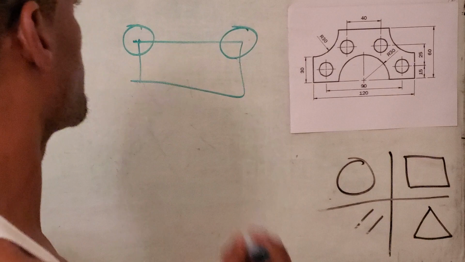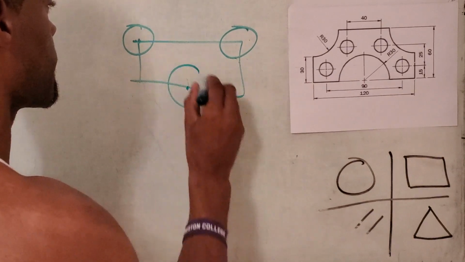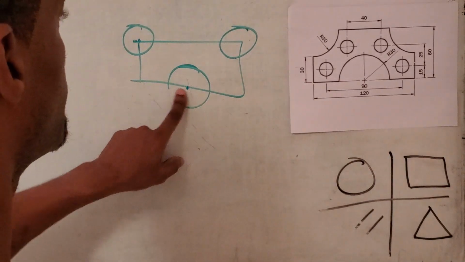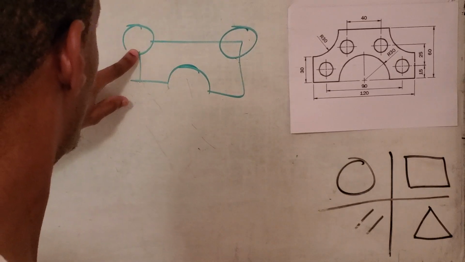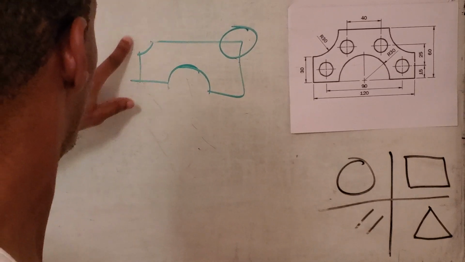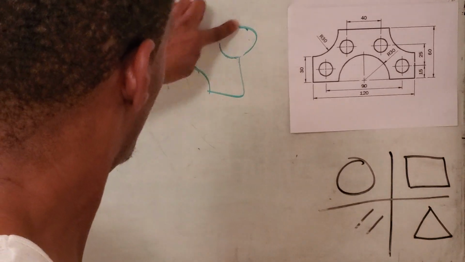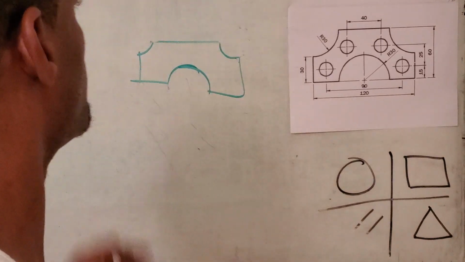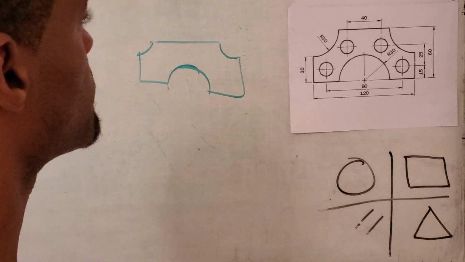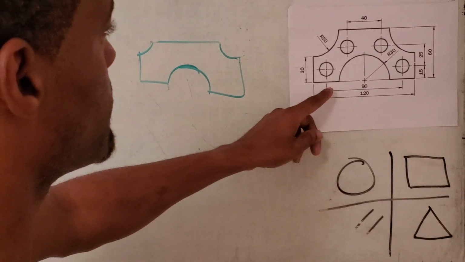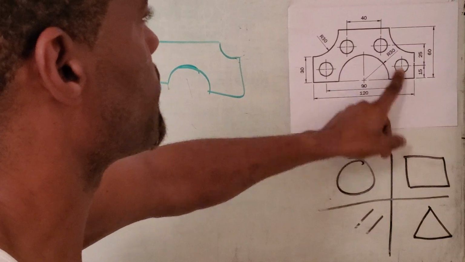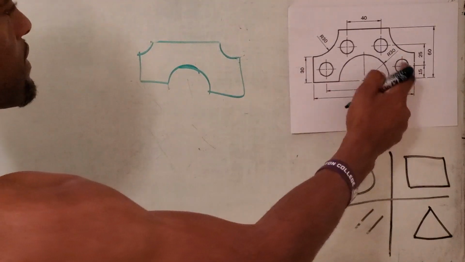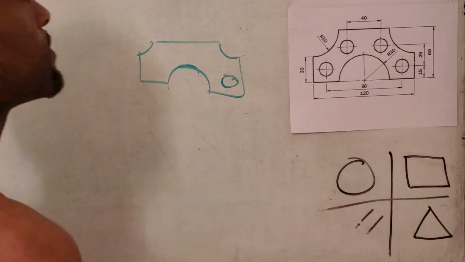Then circle to get this. Then trim. Then trim. Then use line 45 by 15 to get the center, to get this here.